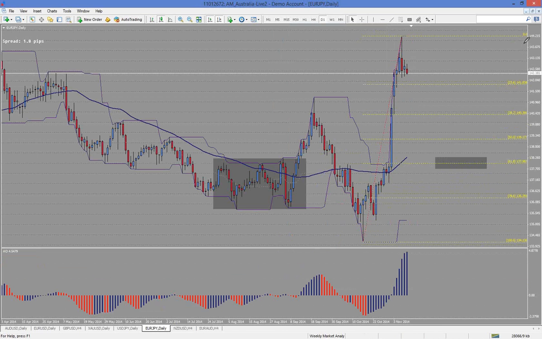We've got to move nearly 600 pips, so not sure if it's worth placing. If you want to place it, by all means do so. It's very, very far away, but there's the trade right there. It's a 61.8 coinciding with a 138 round number.